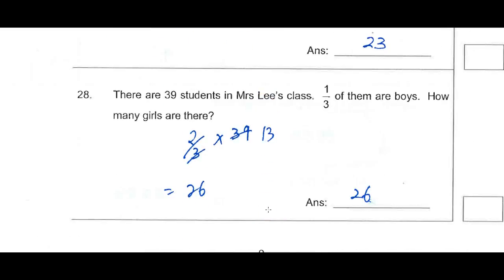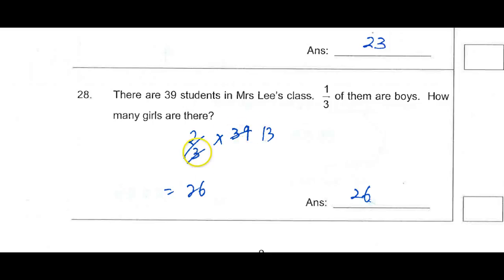There are 39 students in Mrs. Lee's class. 1/3 of them are boys. How many are girls? You must know that 2/3 are girls. If 1/3 are boys, the remainder is 2/3. So you take 2/3 times 39.